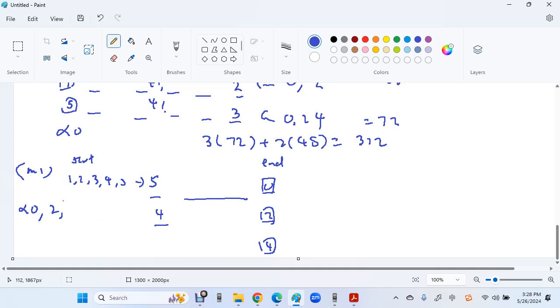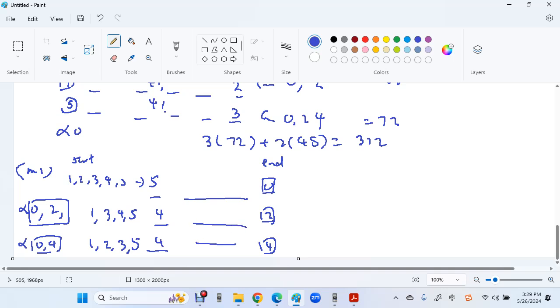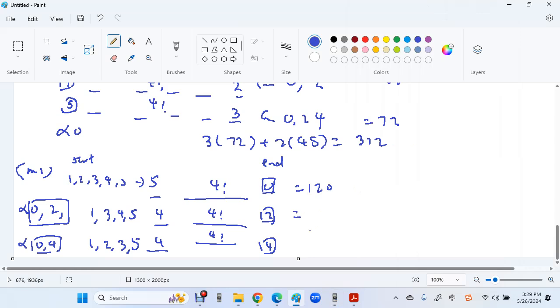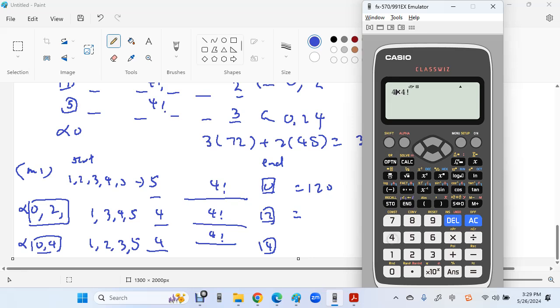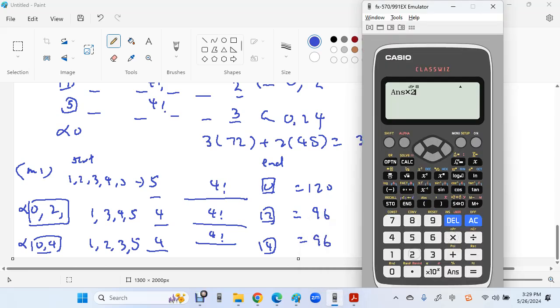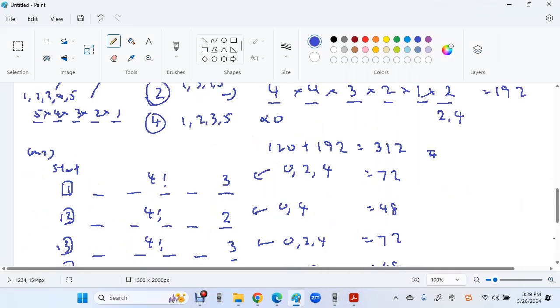We can only start with 1, 3, 4, 5. And if we end with 4, we cannot start with 0 and 4, then we can start with 1, 2, 3, 5. 4 here, 4 factorial each. So we have 5 times 4 factorial, that's 120, and 4 times 4 factorial, that's 96. So we have 96 times 2 plus 120, so it's 312. Yes, correct.